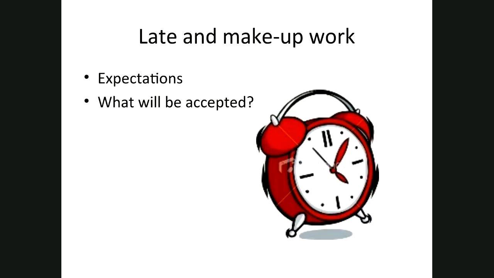Late work, makeup work. As human services professionals, we want to do our work on time. Our clients are counting on us, our bosses are counting on us, our colleagues need us so they can also keep helping people. So managing our time's an important skill as a human service professional. Meeting deadlines is an important skill with that.